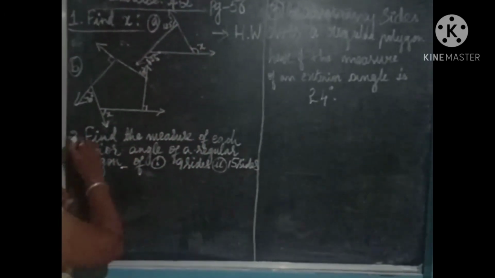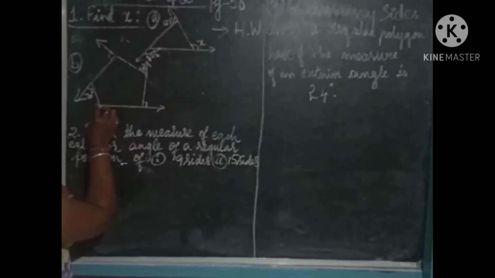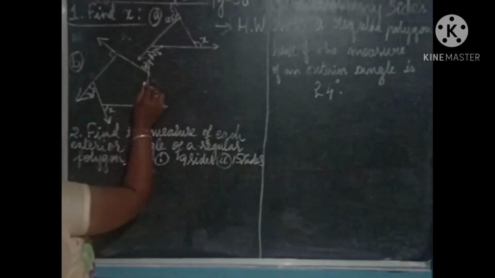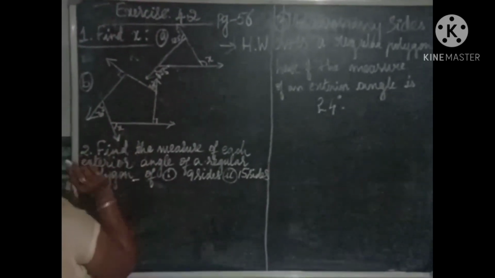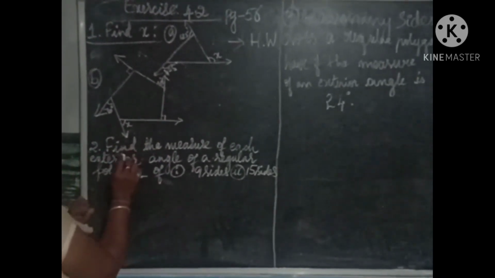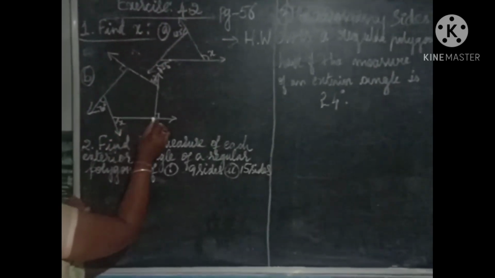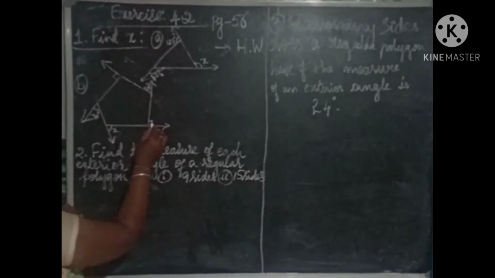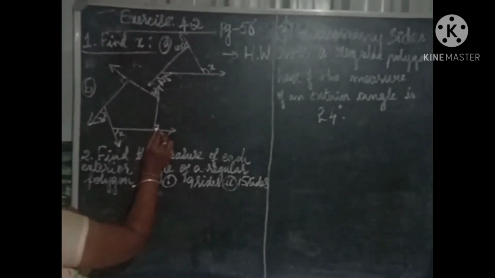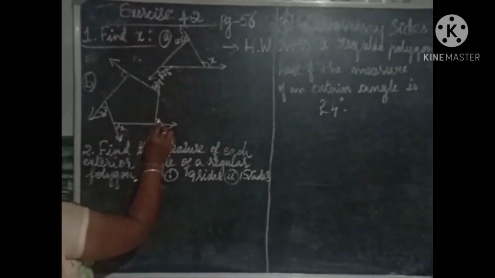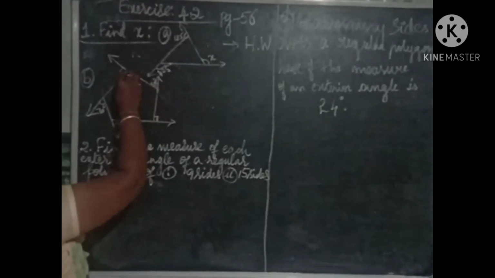Now this is a pentagon, that is a 5-sided polygon. Here also we have to find x. Here they have given this is 90 degrees. This is 60 degrees. This is also 90 degrees.